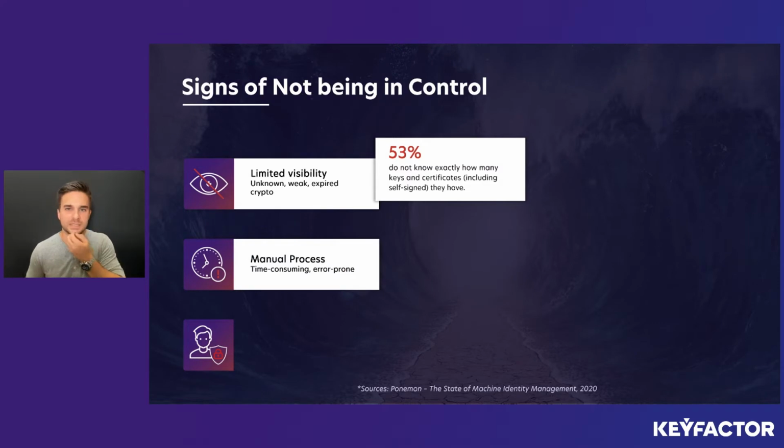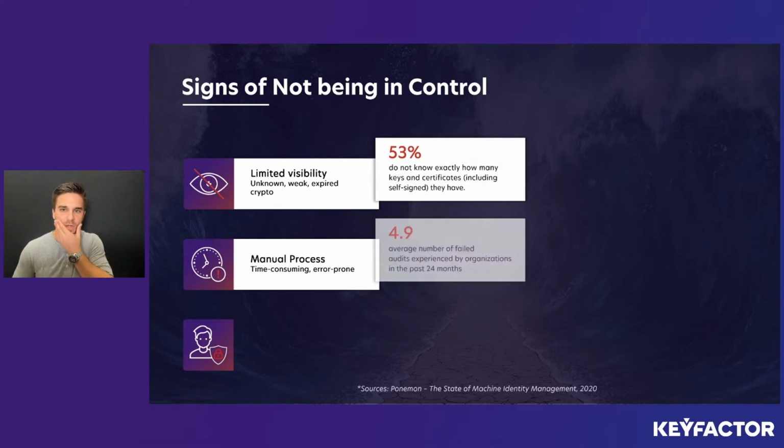The next one is these manual processes. We know that on average, there are about 4.9 audits experienced by organizations in the last 24 months. These could be internal audits that they have in organizations today, but we also know that cert outages are on the rise.